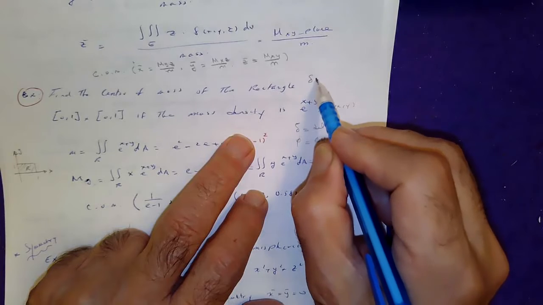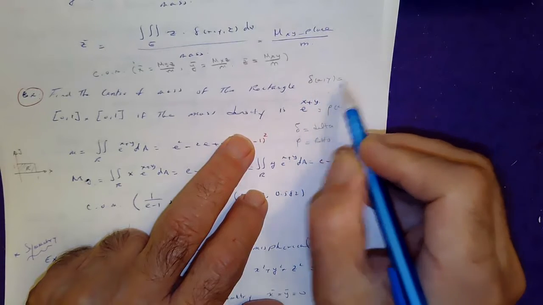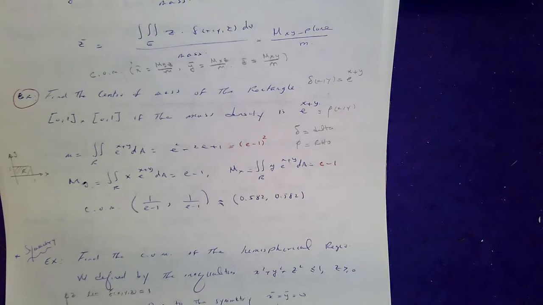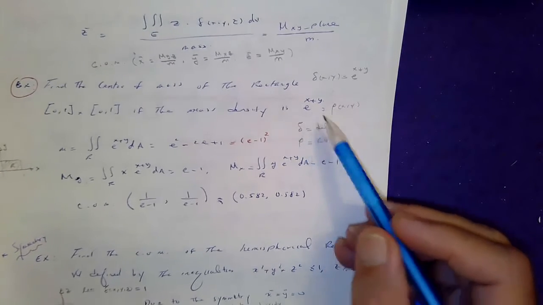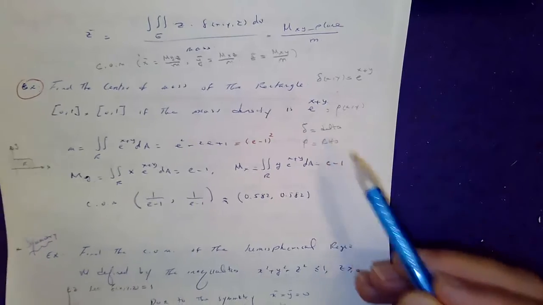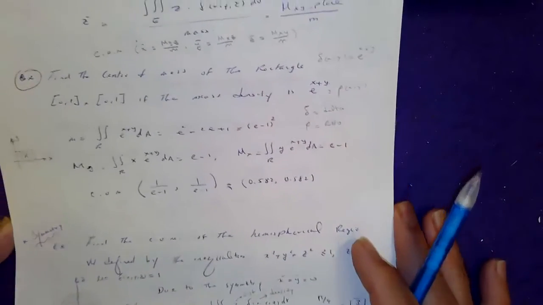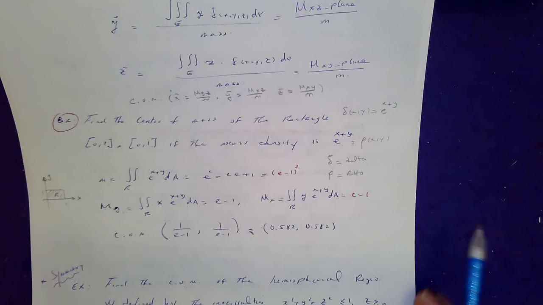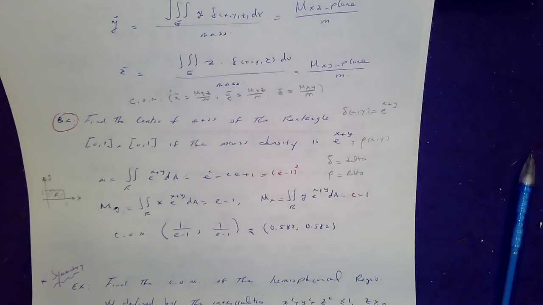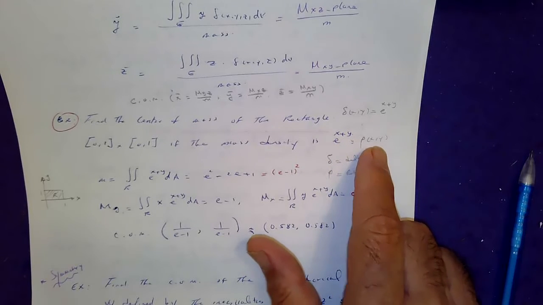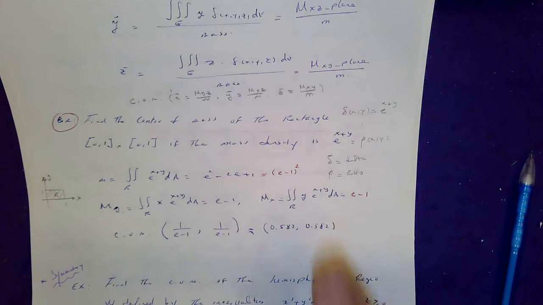So this also could show up as delta, a function of xy, is e to the xy. So in other words, when the density is not constant, that means the material the object is made of is not the same throughout the region. You know, a portion of the object is made of wood, a portion of it is made of metal. So the density is a function of what? The position, the point you select on the object.